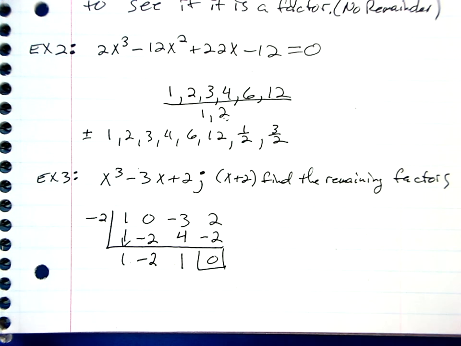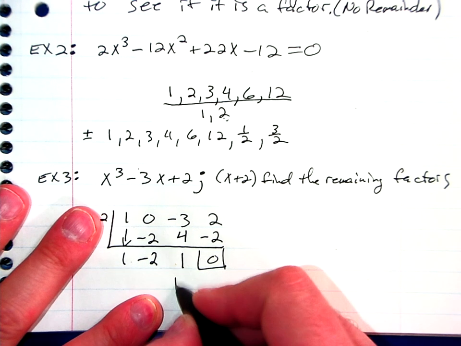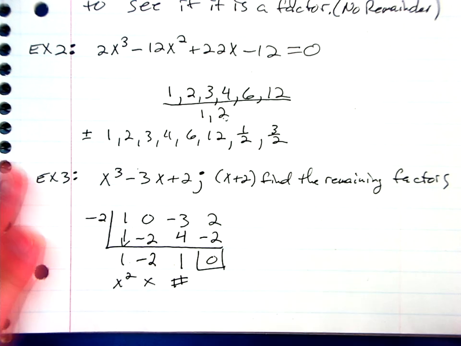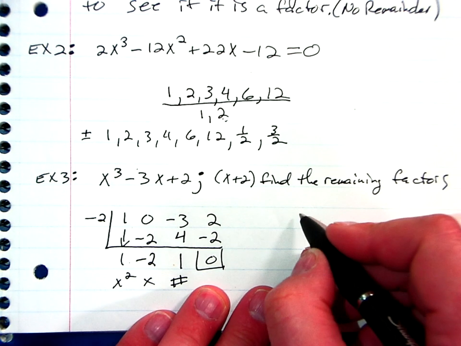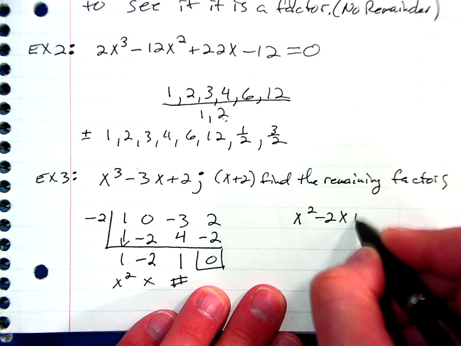So there's no remainder, so that means that is a factor. Like on your homework, it gives you one of them that is a factor. Now, if you remember what I told you in the past, this is your number, this is your x, this is your x squared. So I'm going to go up here. We have x squared minus 2x plus 1.